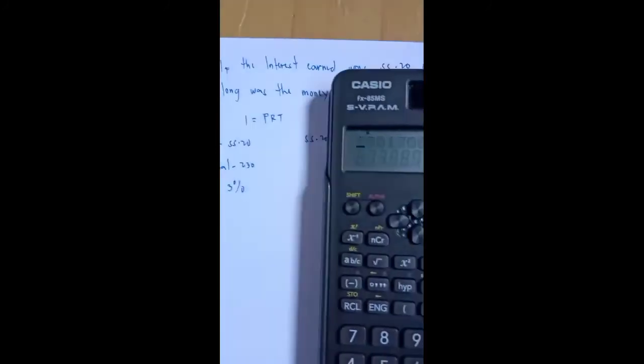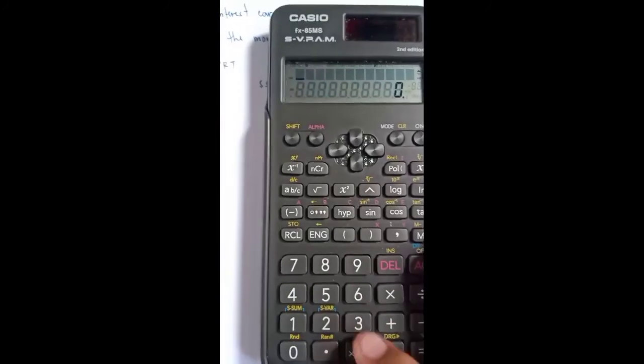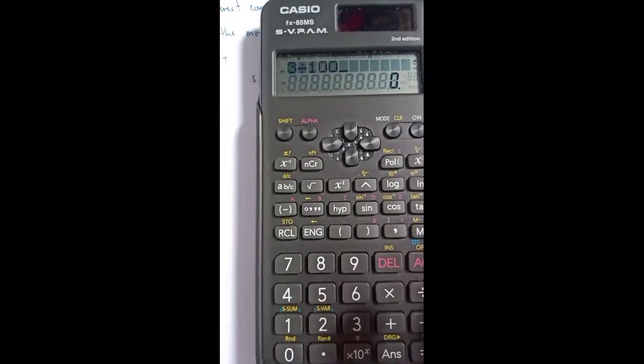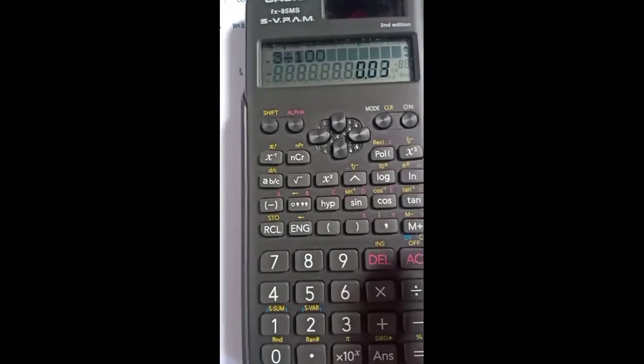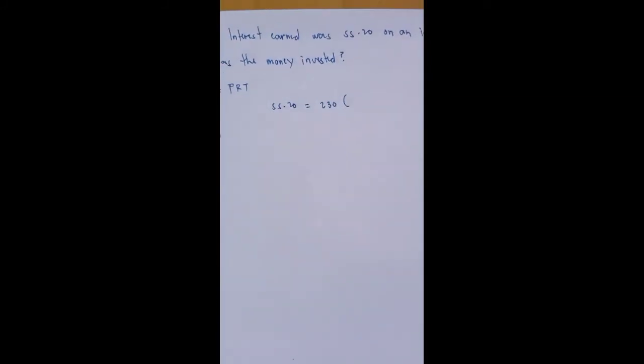So let's substitute it. The interest is 55.20 equals the principal 230 times the rate of 3%, and in decimal, 3 divided by 100 equals 0.03. So the 3% is 0.03 and the missing number is time.